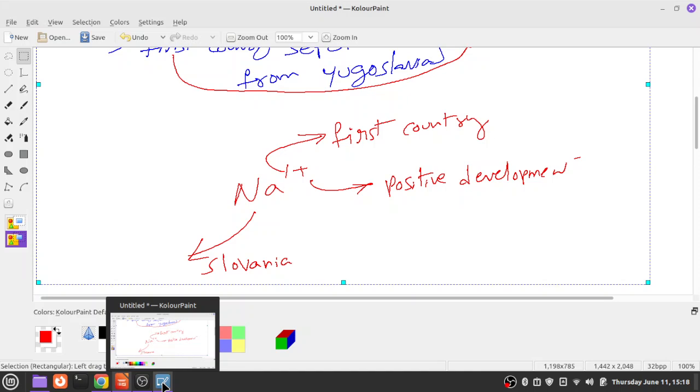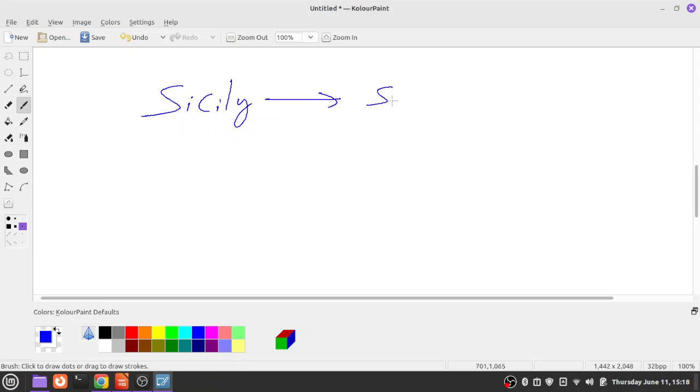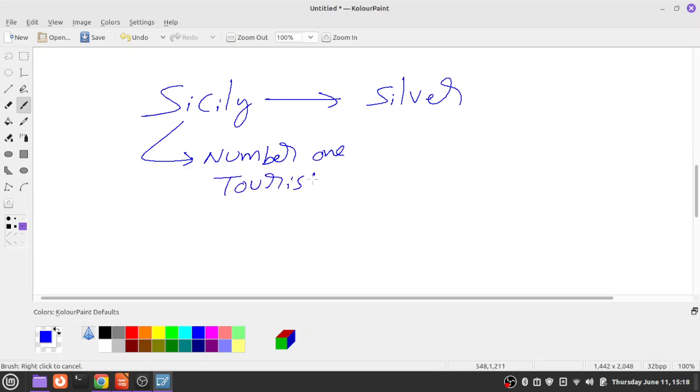Okay, for this also let us form one paper tape. You are linking Sicily with silver. Sicily is the number one tourist spot, so for this you are getting 1.